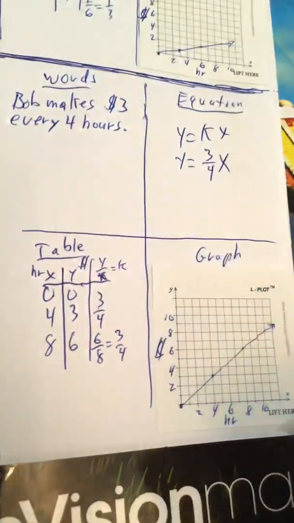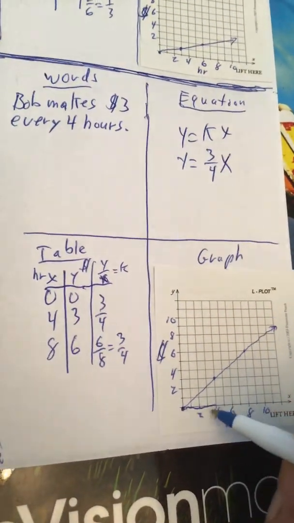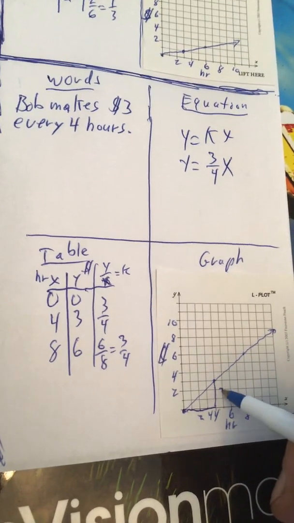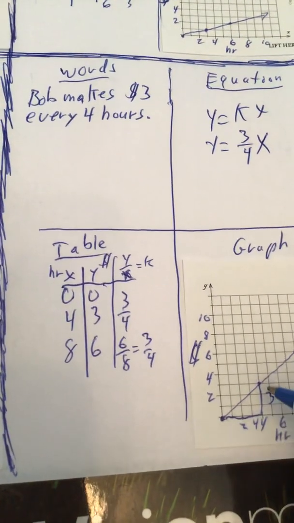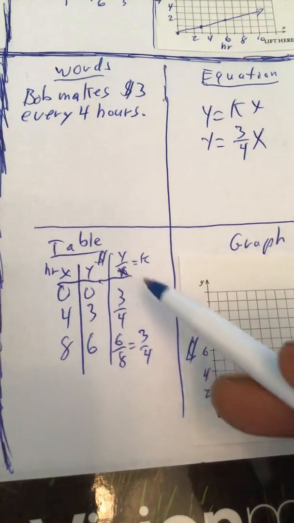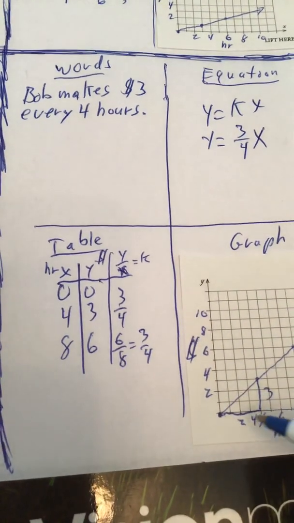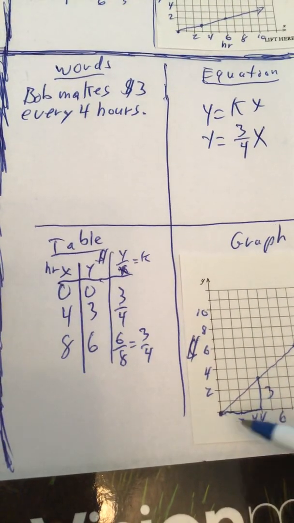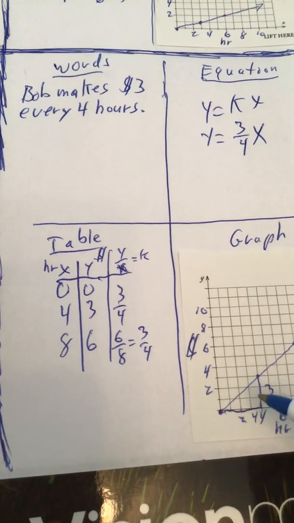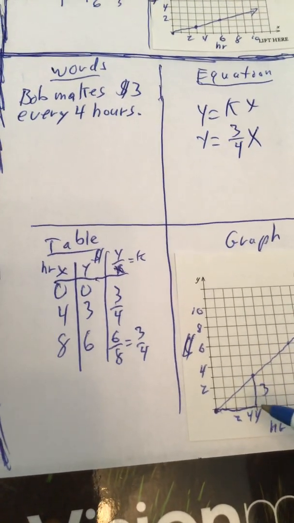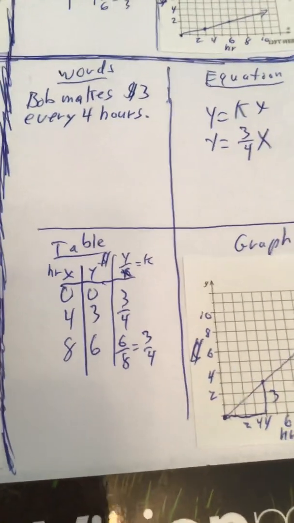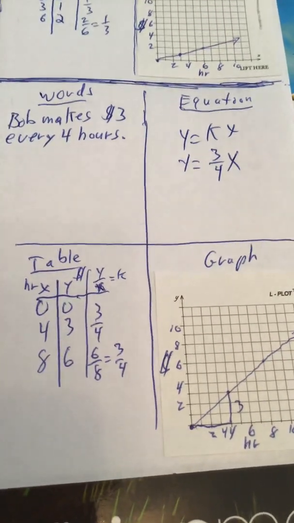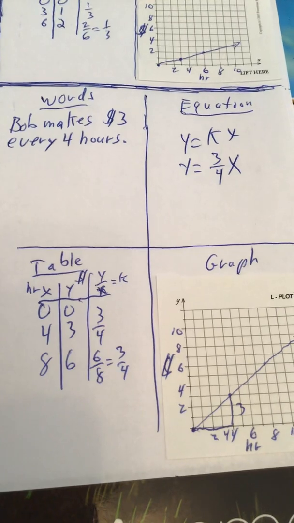If I go over 4 to the right and up 3, there's my slope of my line, which is my k: 3 over 4. The slope, or the tilt of the line, is 3/4, and we're going to get into that on the next video when we talk about lines that don't go through the origin.